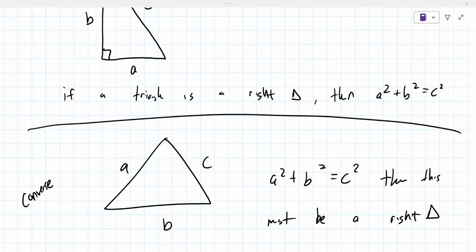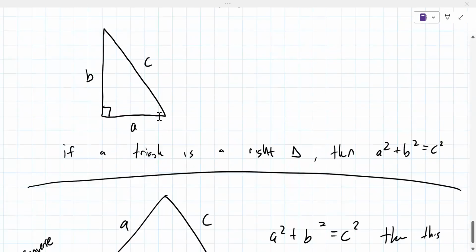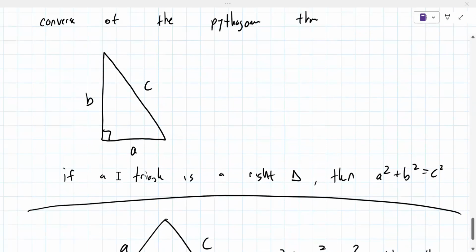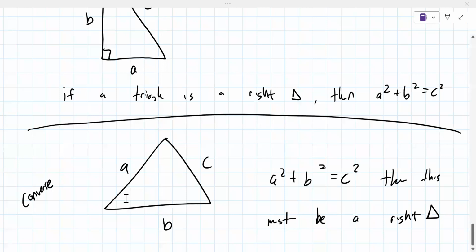Sorry, I just have to look this up. Okay, so in the original, the hypothesis is that it's a right triangle, and the conclusion is that a squared plus b squared equals c squared. The converse starts with the conclusion to prove the hypothesis.